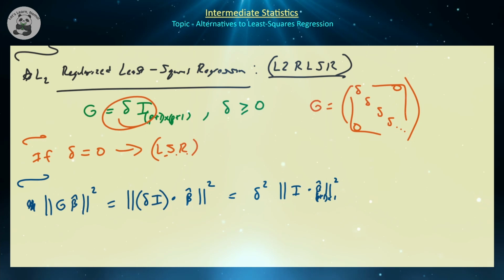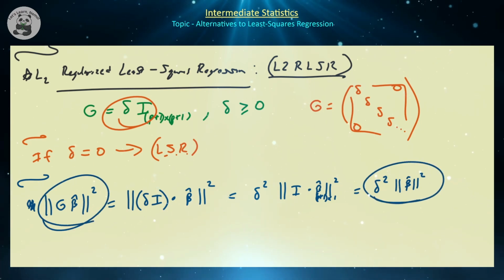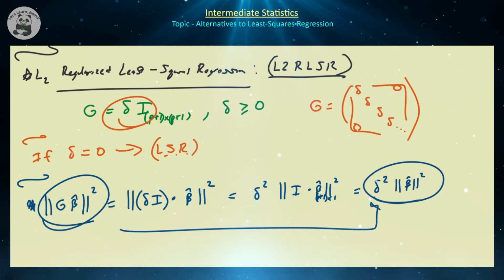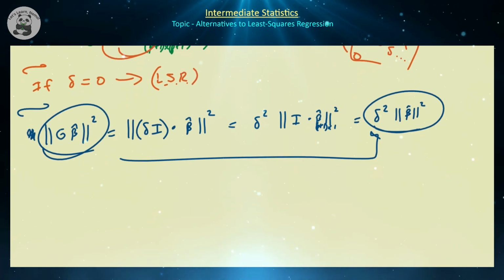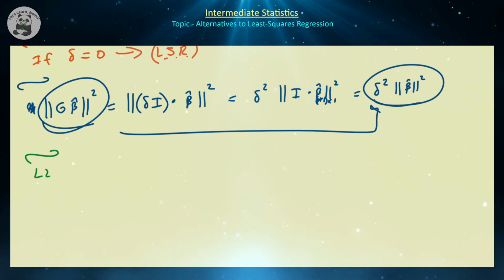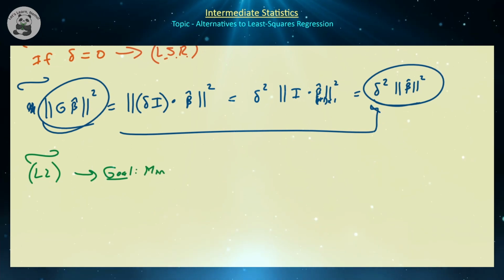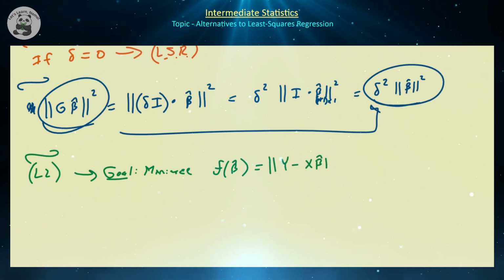And obviously I times beta hat is just going to be beta hat. So we're just going to have delta squared times the norm of beta hat, the quantity squared. So that's what this generalized representation simplifies to in our model, right? So in this L2 regularized least squares regression, our goal is to minimize the functional f of beta hat, which is equal to the norm of y minus x beta hat squared plus delta squared times the norm of beta hat, the quantity squared.